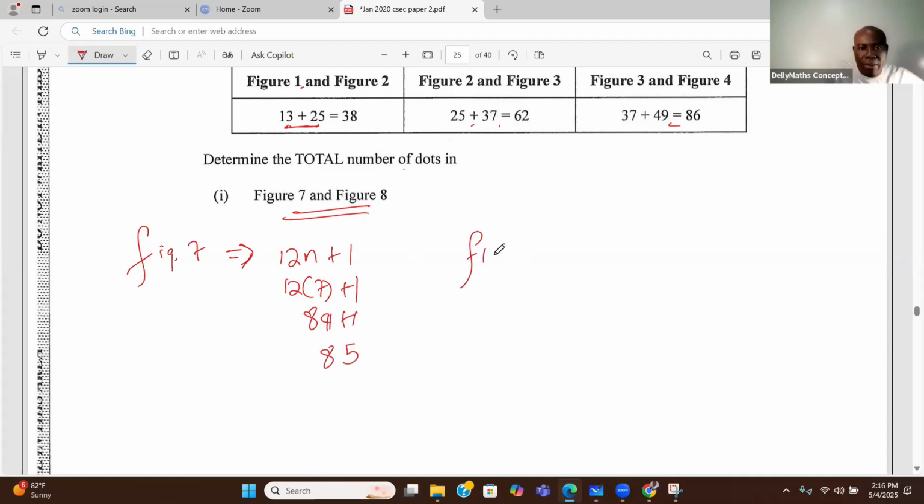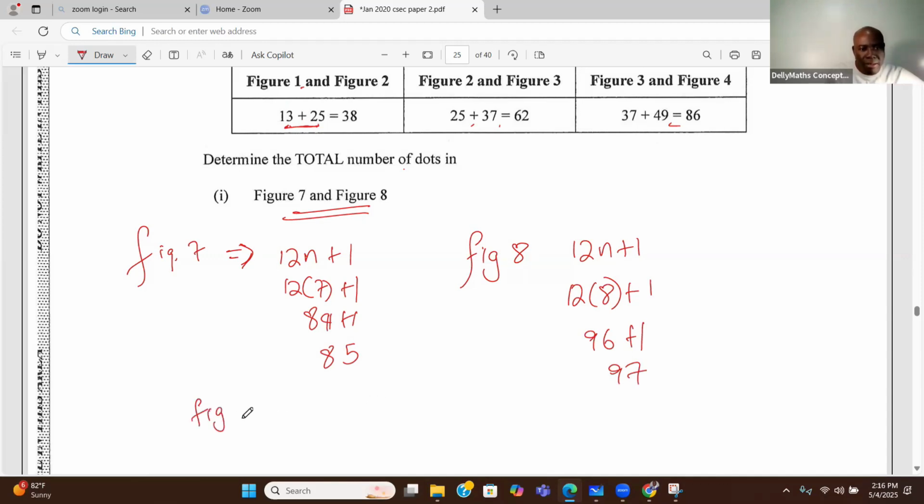Now for figure 8, the dots for figure 8, same pattern because we're under the dot column, 12n plus 1. This is what gives you everything under D. So when you don't know, you plug in. If you want to pick the 100th figure, 12 times 100 plus 1. You understand? And you work it out. For figure 8 it's 96 plus 1, which is 97. And then now you add them up and you tell them the total.